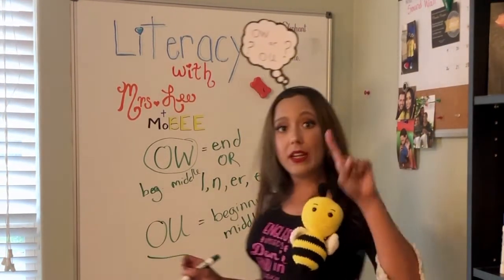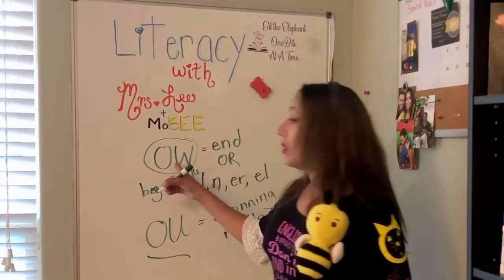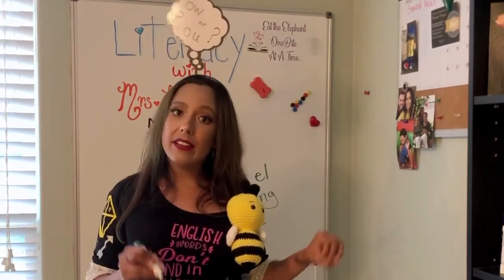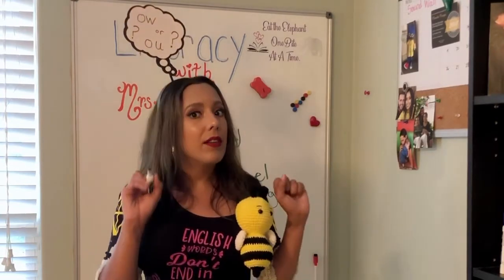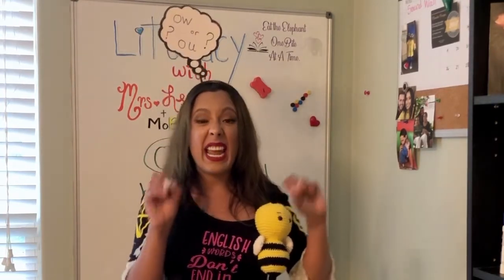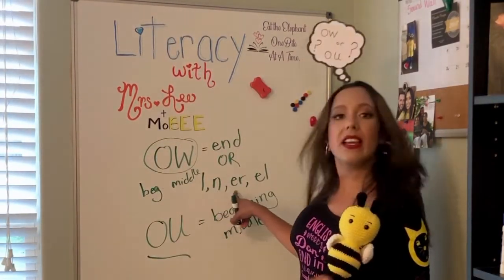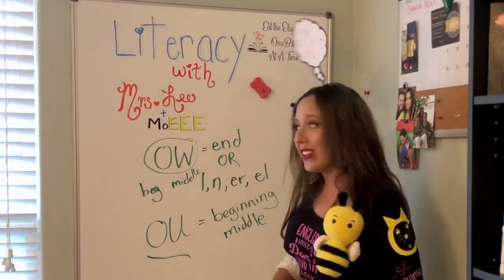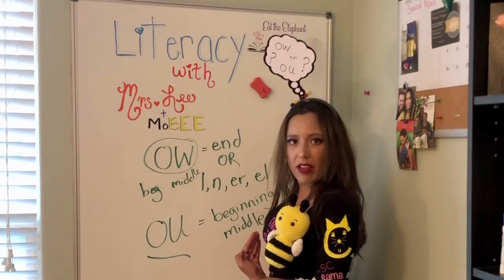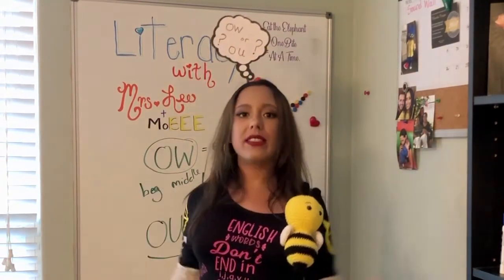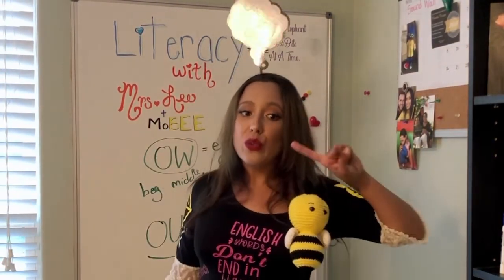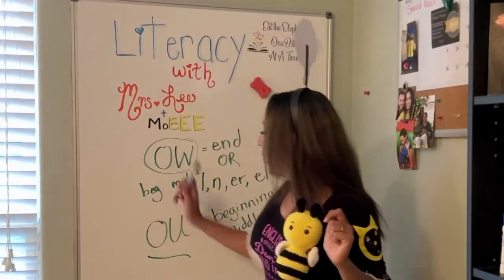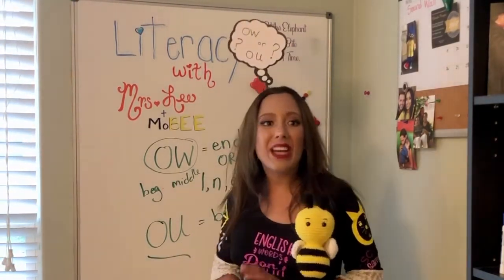OU in the beginning or the middle, OW in the end, or if you hear it at the beginning and the middle and it ends with an L, N, ER, or EL. So there you go, boys and girls. Our first diphthong, our ow sound, you can spell it in two ways, OU and OW.